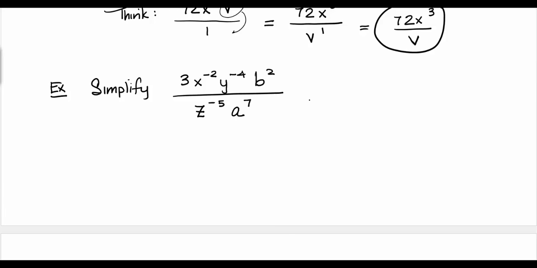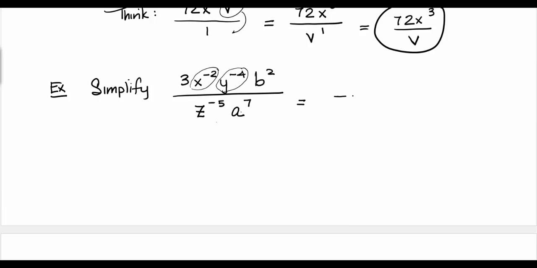Okay, so when I see something like this, one of the first things I do is march across the numerator. If I have any negative exponents, I throw them down there in the denominator and make them positive. And then I march across the denominator, and if I see any negative exponents, I toss them up to the numerator. Now be careful. As we march along, remember this -2 only belongs to that x, and this -4 only belongs to that y.